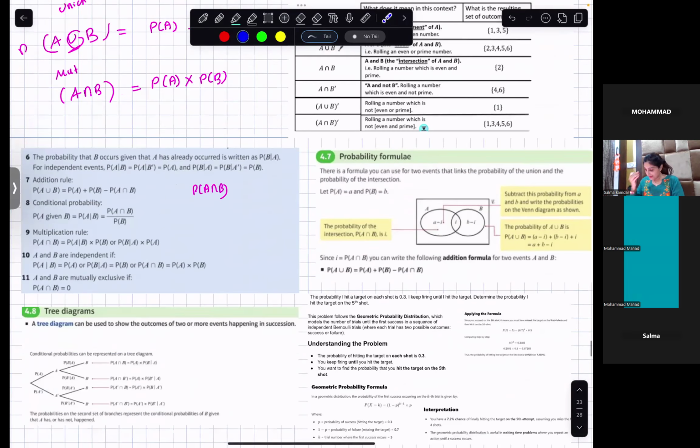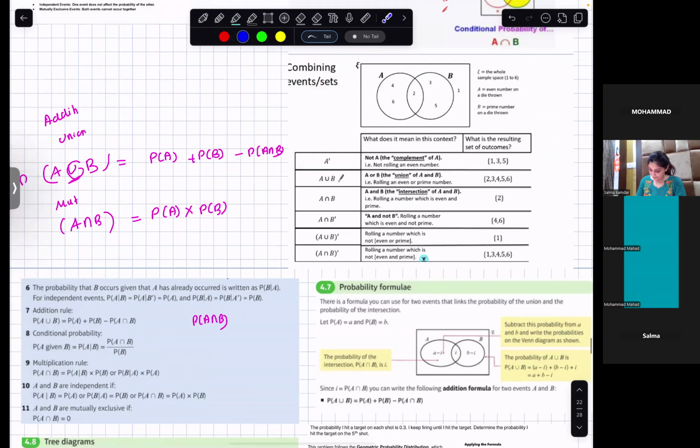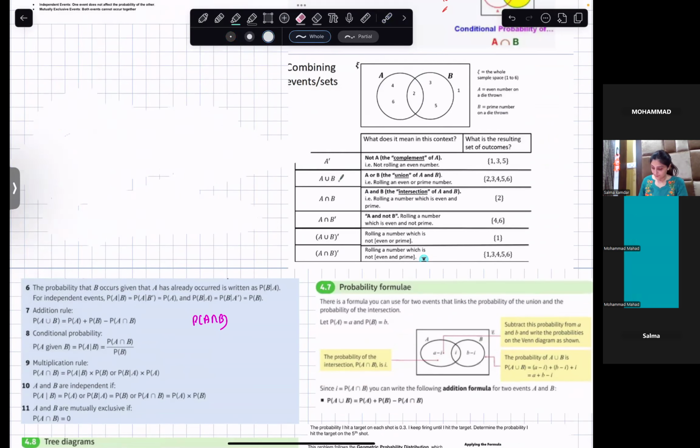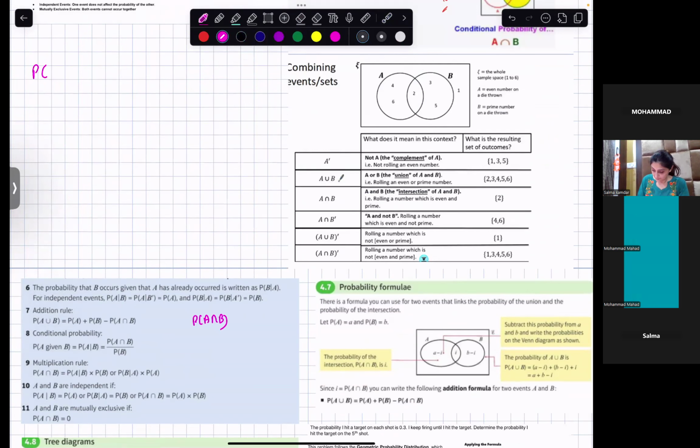When I'm talking about the probability formula, give me the formula of A union B. A union B is probability of A plus probability of B minus probability of A intersection B. And if the events are independent, then probability of A intersection B would be 0.